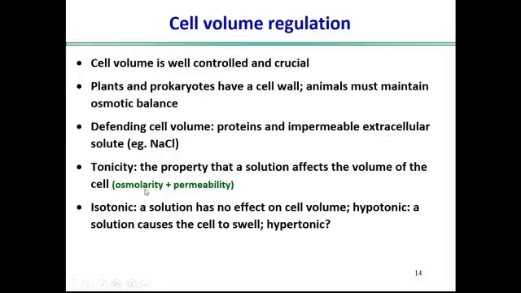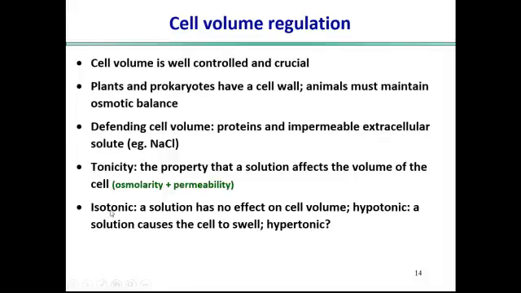Osmolarity is the concentration of how much solute is dissolved in the water, and permeability is whether this molecule is easy to cross the membrane, and how the membrane transport is being controlled.